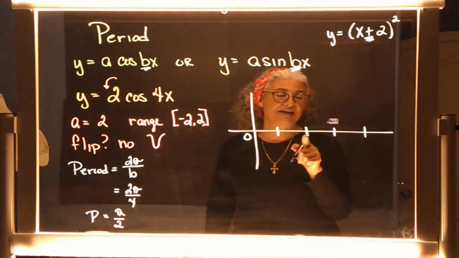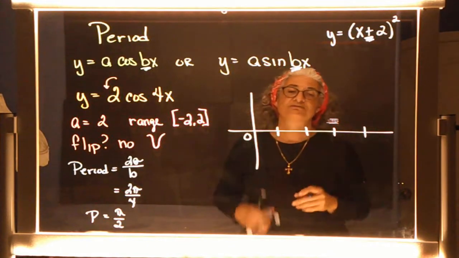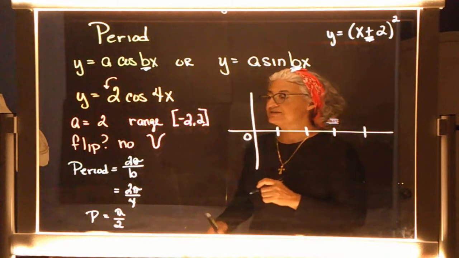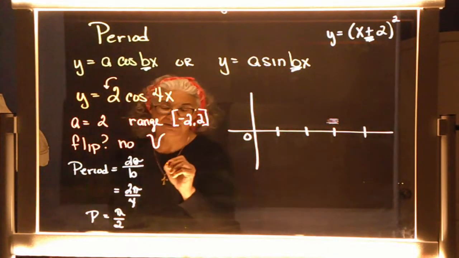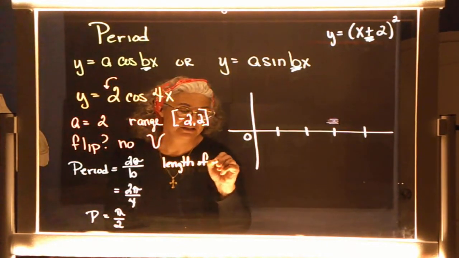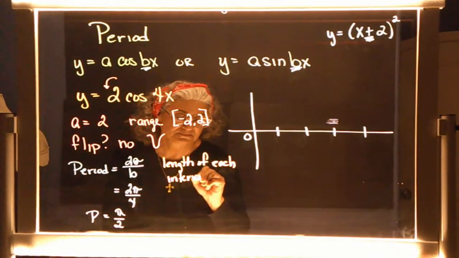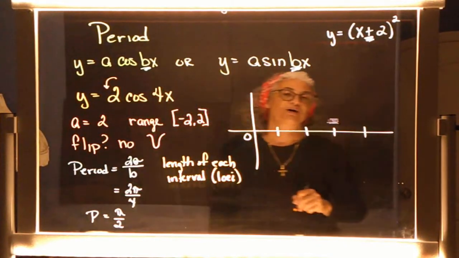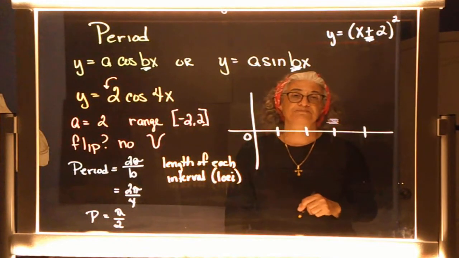Do you think these angle measurements are going to remain the same if your circle shrunk? Nope, they're not. Which means, in addition to finding the period, you now need to find the length of each interval. I call it LOE for short. Why? Because I get tired of writing length of each interval. So I call it LOE for short.